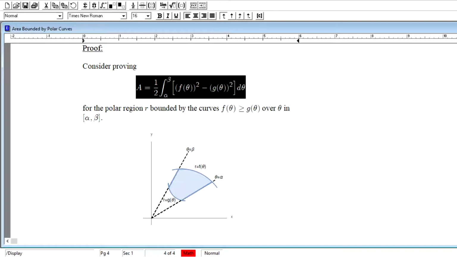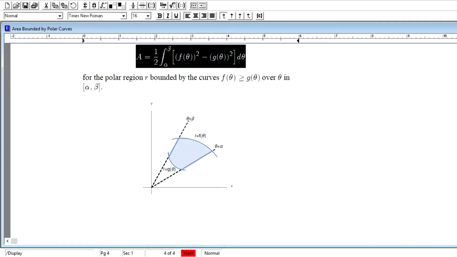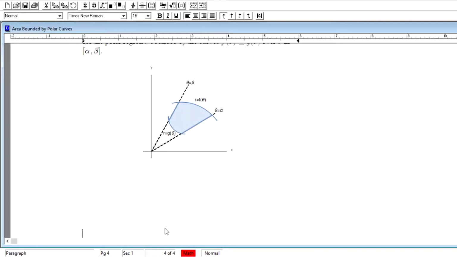We begin as we typically do in these formulations and proofs, by subdividing the interval over which we're integrating into n subintervals. We are integrating over an interval of angle measurement theta, from alpha to beta.